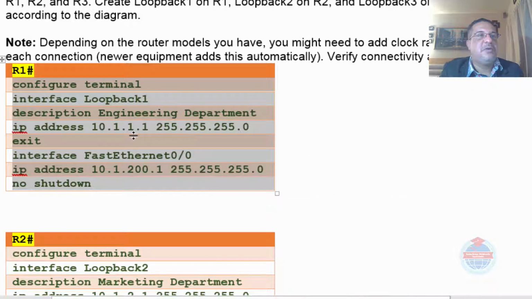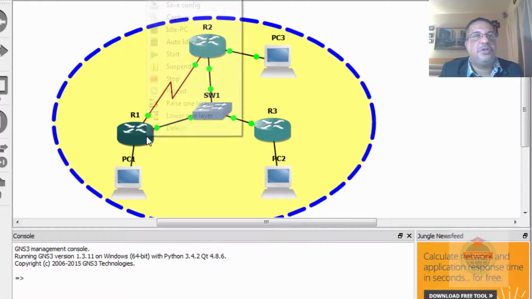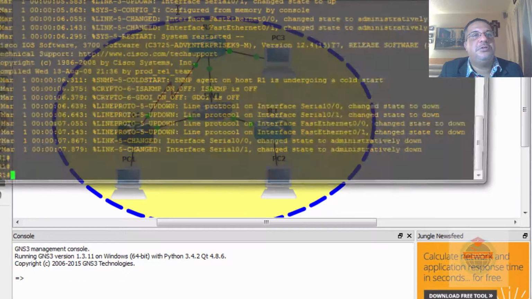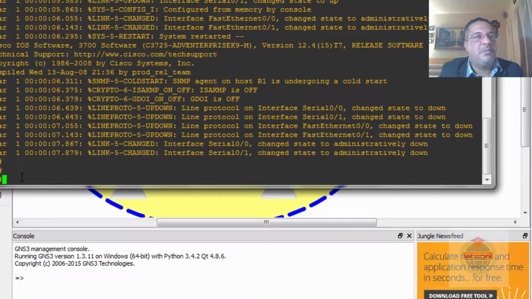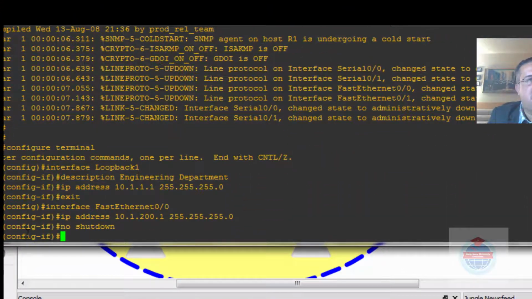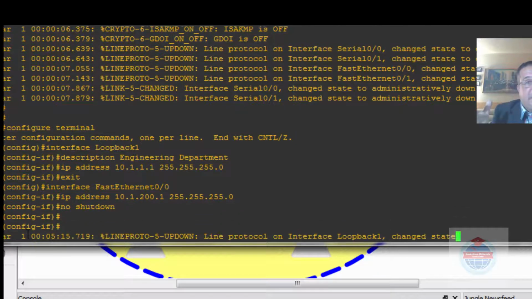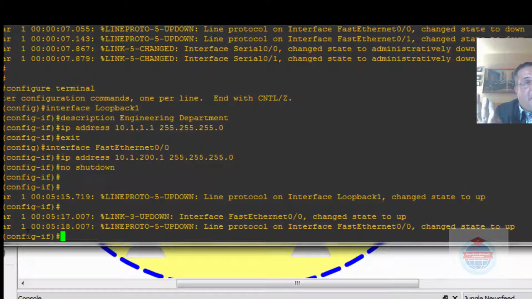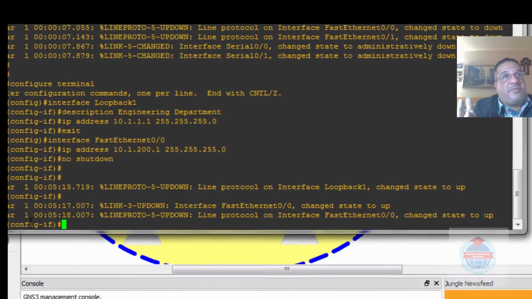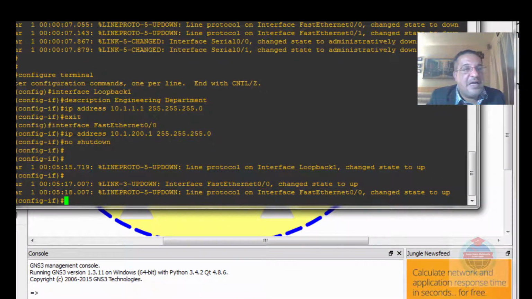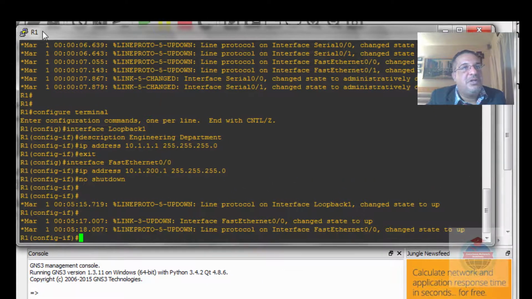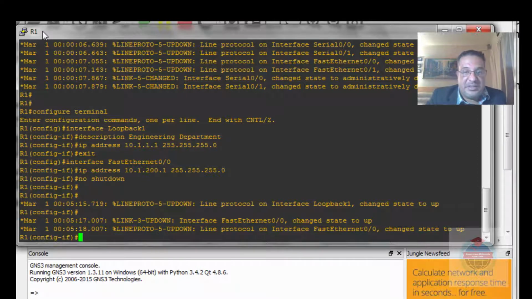And basically we are talking over here about the loopbacks and the FastEthernet 0/0. So here, jump over here, copy, paste, boom. Easy, guys. I didn't have to take about 10 minutes typing the configuration for that. Nice and sweet. Don't you think so? Or at least that's what I think.